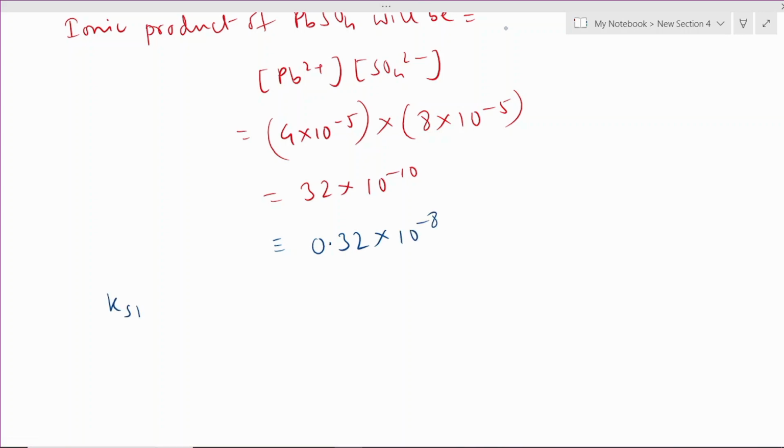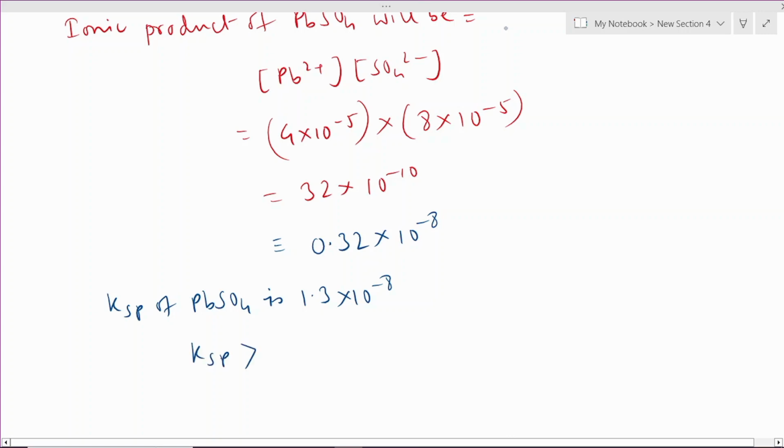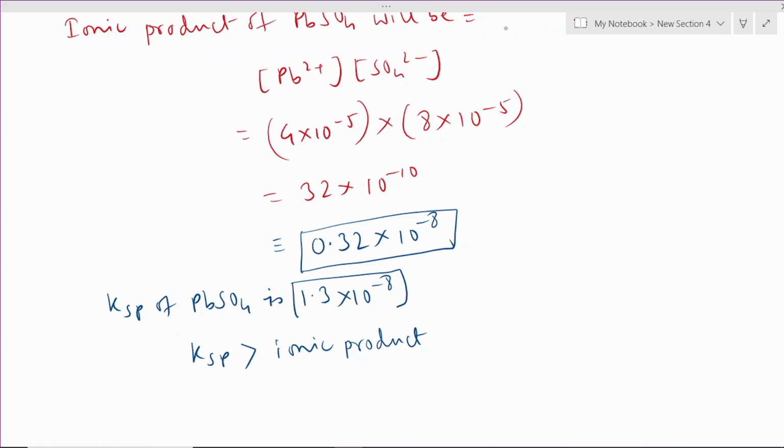But the solubility product of lead sulfate is given as 1.3 into 10 to the power minus 8. So we can say that solubility product is greater than ionic product, that is, this value is the ionic product value and this value is the solubility product.